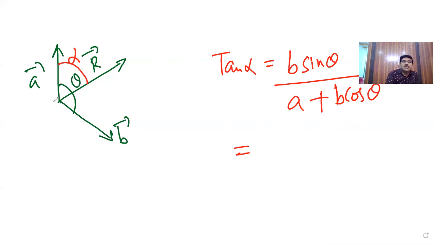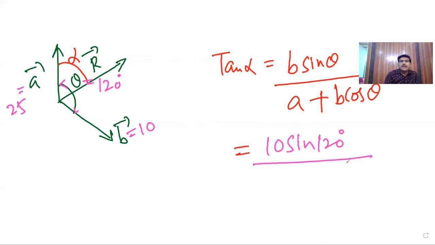Now B is 10, A is 25. B is 10, sine theta is how much? Theta is 120 degrees. So tan alpha is B sine 120 by A 25 plus B 10 cos 120.